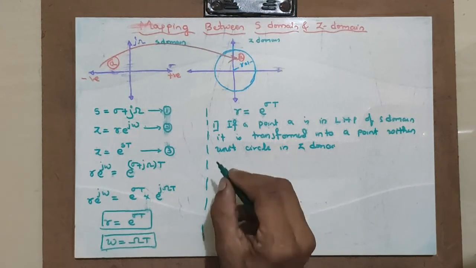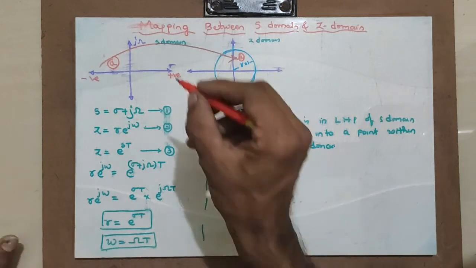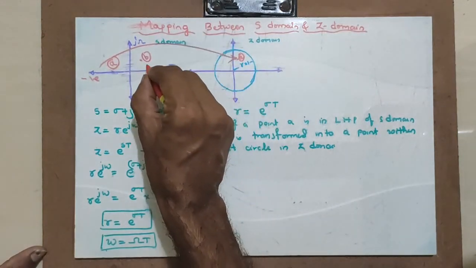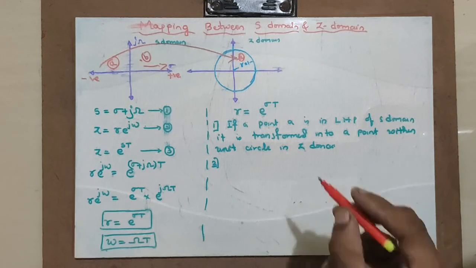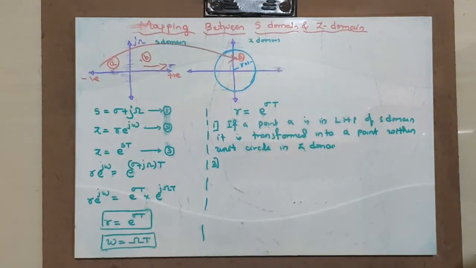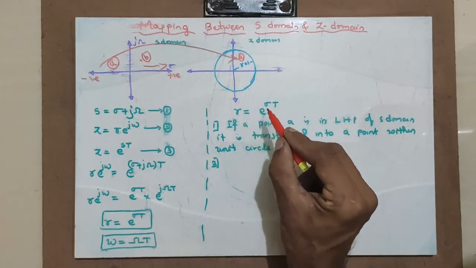What about the second point? The second point is B. I will consider B in the right half plane here somewhere, on the positive side. When sigma is positive, e raised to sigma T is more than 1, and the radius becomes more than 1, isn't it?